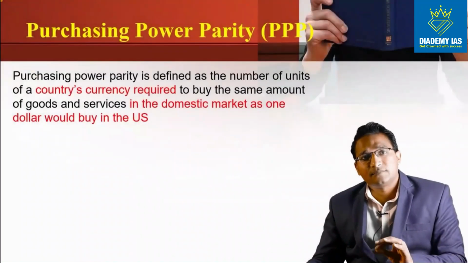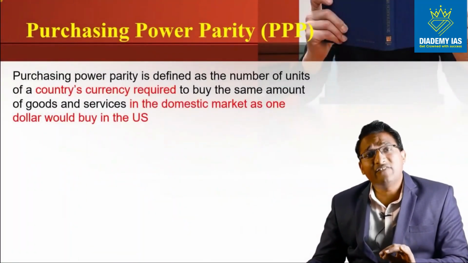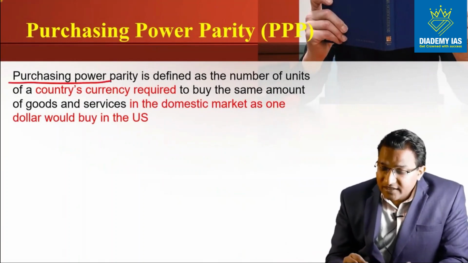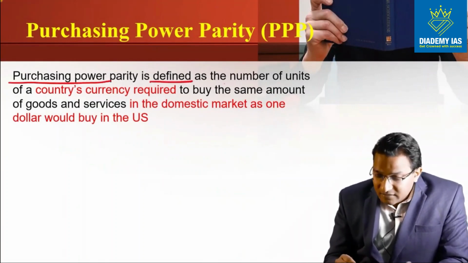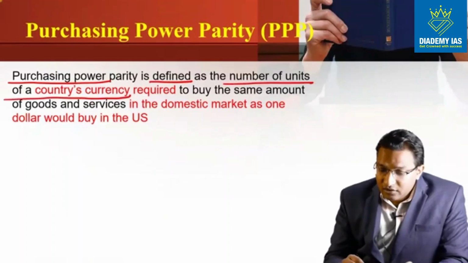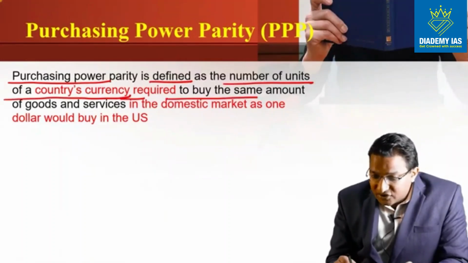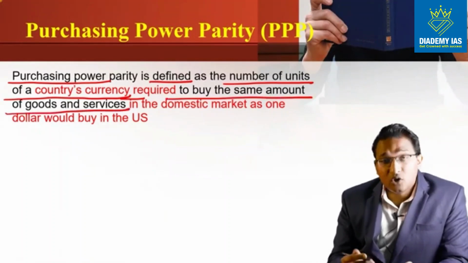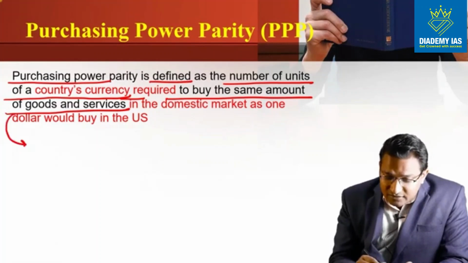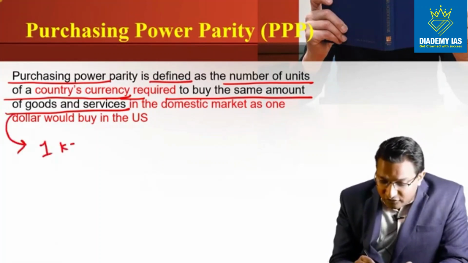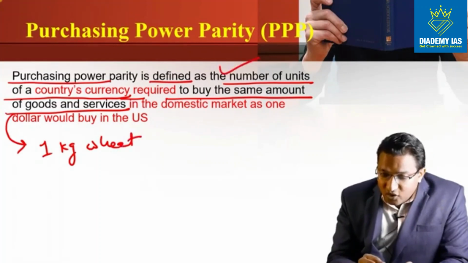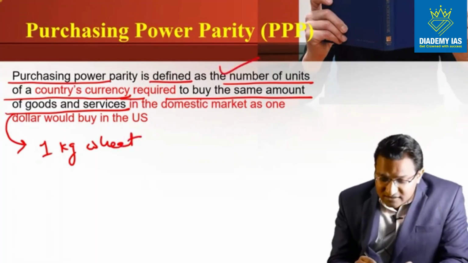So now let us show you the definition of purchasing power parity. Purchasing power parity is defined as the number of units of a country's currency required to buy the same amount of goods and services. In our example, the same amount of goods and services means 1 kg of wheat, right? How much of India's currency is required?